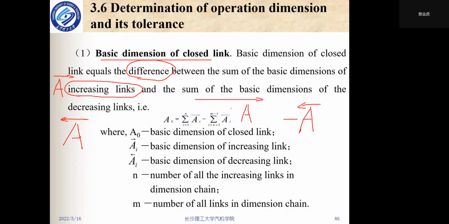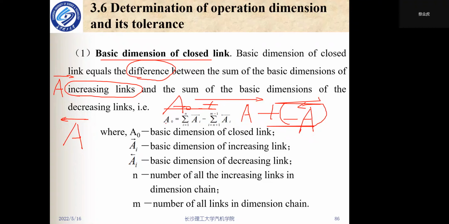Then the closed link equals the increasing links plus the decreasing links, which have a negative symbol.